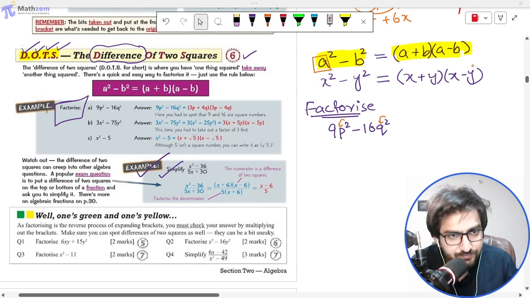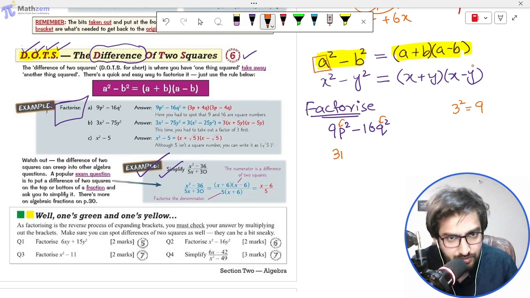You know that 3 square is equal to 9. So I can replace 9 by 3p whole square. Now you can see the square is on p as well as on 3, because as I explained last time, you need to apply the square on both of them. 3 square is 9, and p square is the same thing.